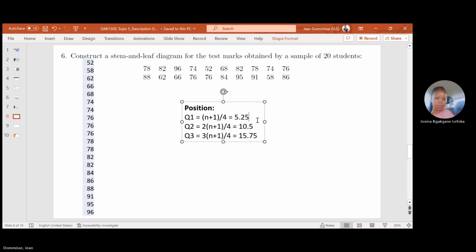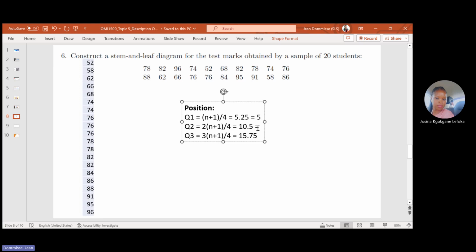So what we normally would do is round it off to make it easier for us. So I want you guys just to check if you must round it off or if you must work with a 0.25. If we round it off, that is 5.